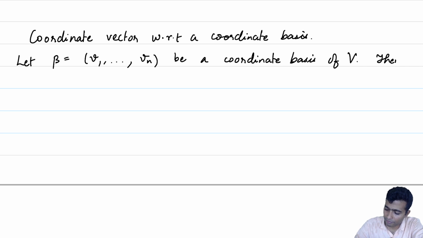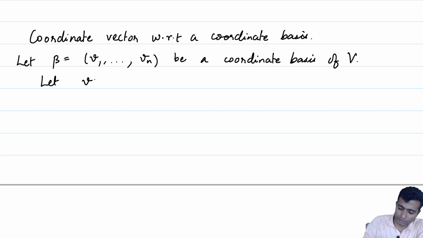Then let small v be a vector in capital V. By one of the results we have proved earlier, every vector in capital V can be uniquely written as a linear combination of V1, V2 up to Vn.